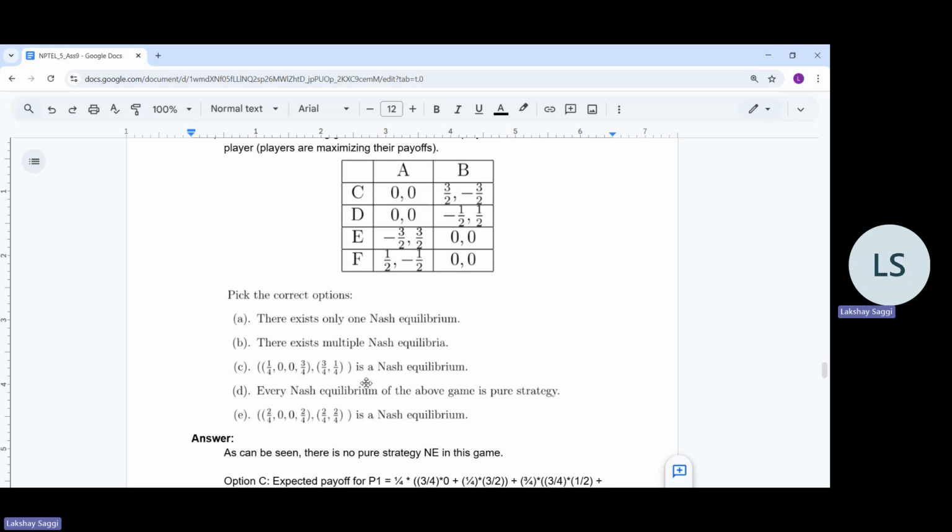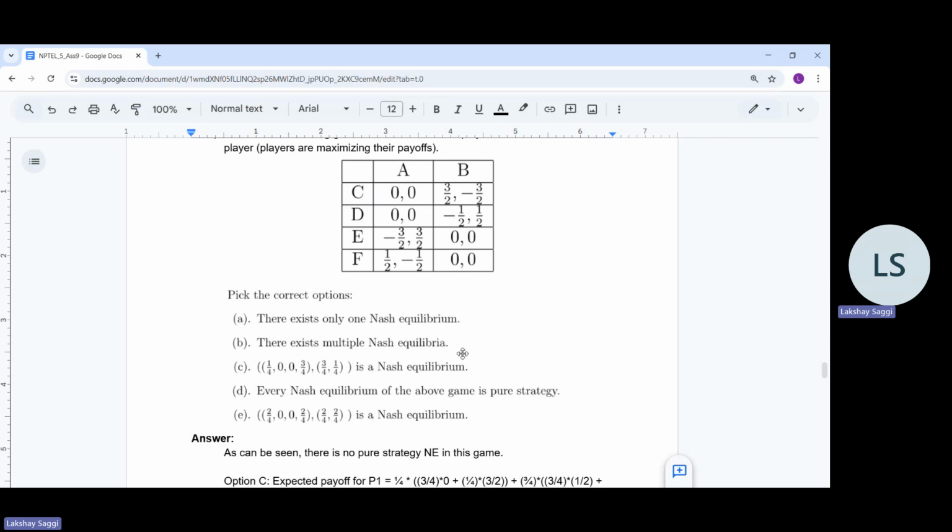So instead of solving the equations, let's just plug these in. If the column player plays this column with probability 3/4 and this with 1/4, then the rows C and F will become agnostic. Here the payoff will be 3/8, and here the payoff will again be 3/2 times 1/4, which is 3/8. So the rows C and F become agnostic, and the columns A and B become agnostic too.